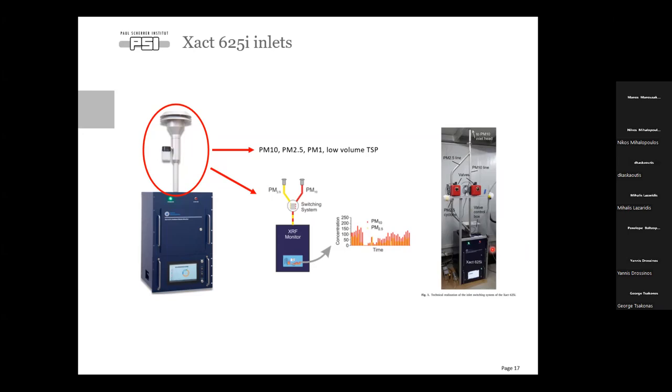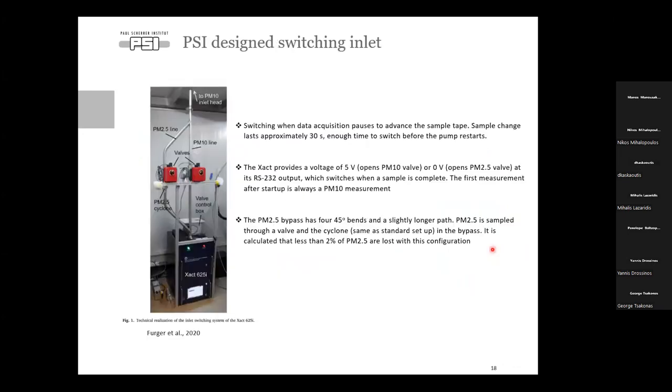The switching inlet was first designed at PSI, but in recent years, this design was adapted by Cooper, and it's now commercially available for anyone to buy from the manufacturer of the EXACT itself.